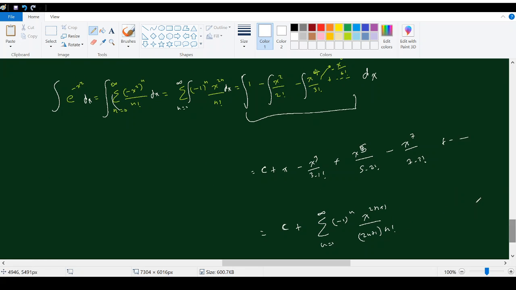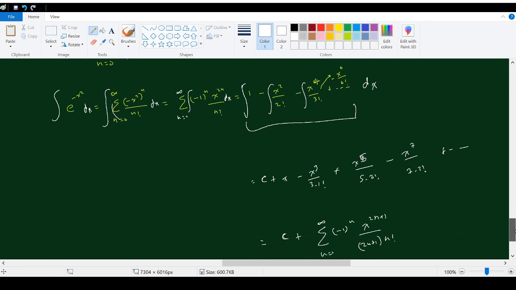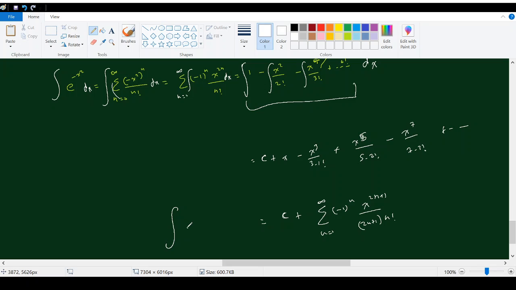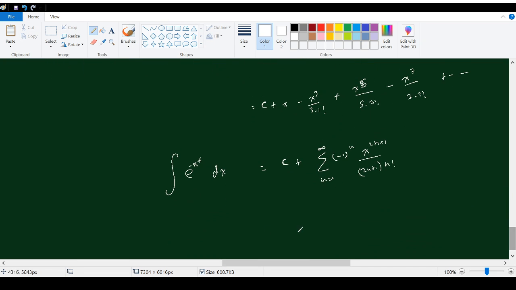So that's what we did here, and we can see that this thing will change into this new series. So what we have done is we have written down the integral of this function as a power series. So what if we need to calculate a definite integral out of this one?